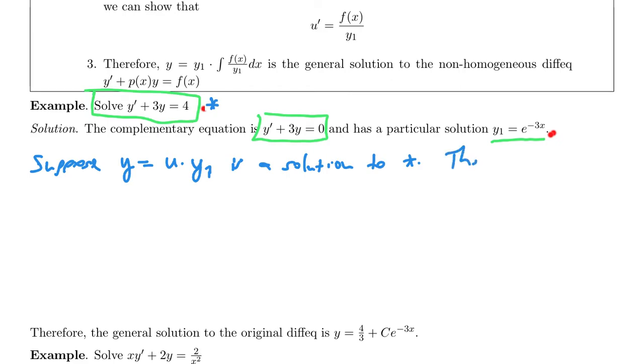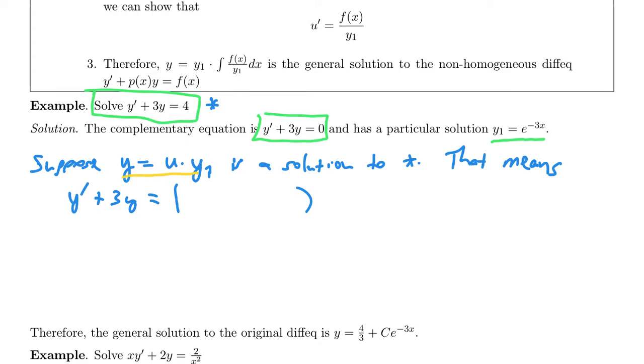So that means, and this is the part where I'm showing the derivation of the idea, we could just skip right to what step 2 says, but here's how it works. That means that in this equation, the equation mentions y prime plus 3y, and so I can build that. The y prime is going to be the product rule applied to this form that I know my y has.